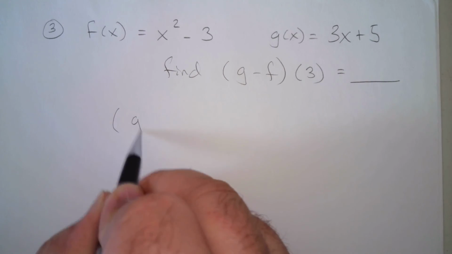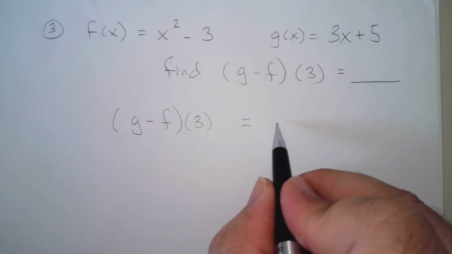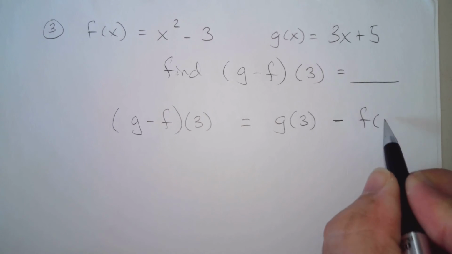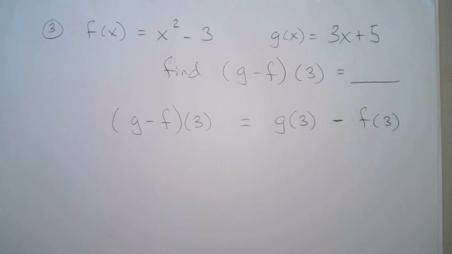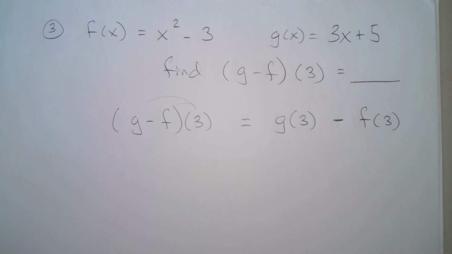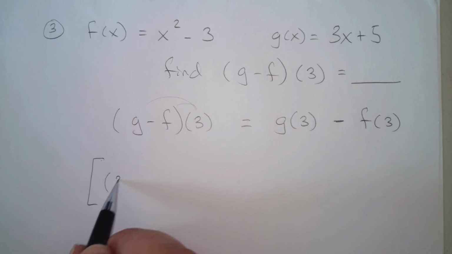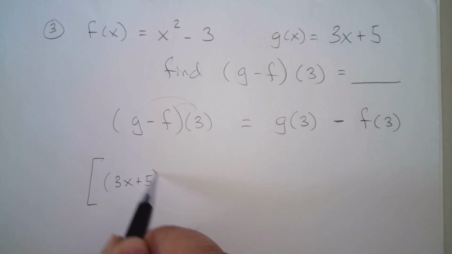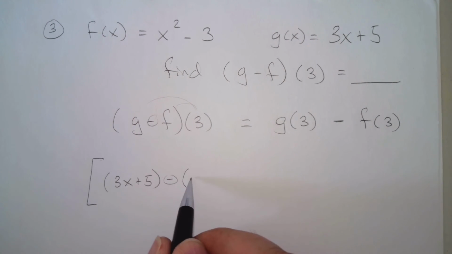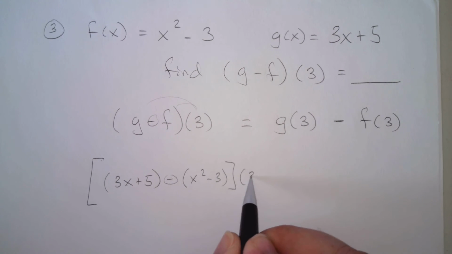So I have g minus f of 3 is equal to g of 3 minus f of 3. Basically, all you're doing is distributing that x to both of those. So, the first one is 3x plus 5. There's the minus sign. And then we have x squared minus 3 of 3.